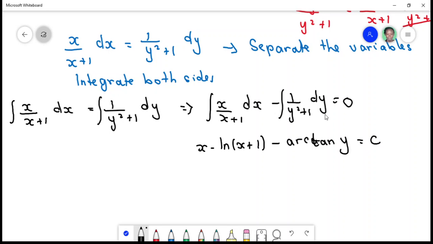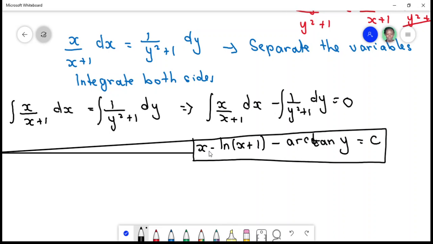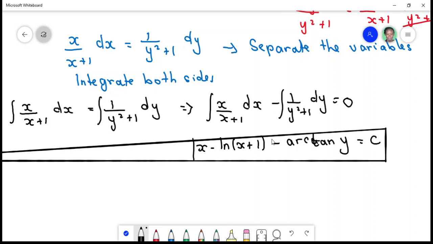Anytime you do your integration, don't forget the constant. This is the solution for our differential equation, and it is the general solution.